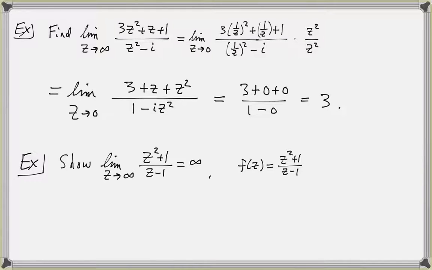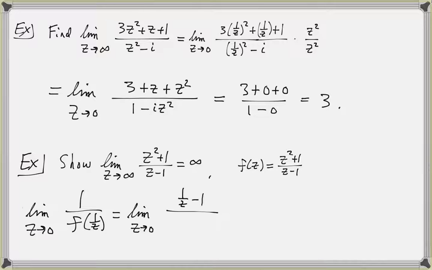So I need to evaluate the limit as z approaches 0 of 1 over f of 1 over z. So if I take the reciprocal of f and then plug in 1 over z, this will be equal to the limit as z goes to 0 of (1 over z - 1) divided by ((1 over z)^2 + 1).